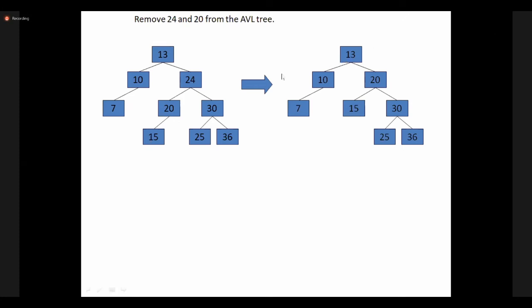According to the first diagram, 20 and 15 are the left subtree for 24, and 30, 25 and 36 are the right subtree for 24. I pick the maximum of left. Maximum of left means from 20 and 15, the maximum is 20. So I replace it with 20. That is my final tree. So like that, I removed 24 from the tree according to BST.